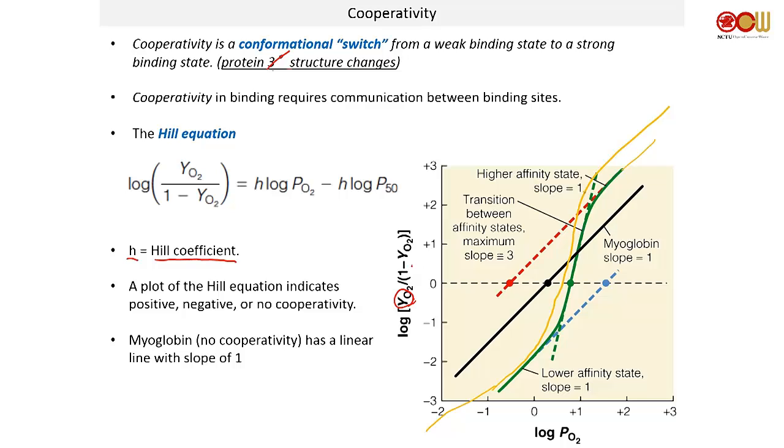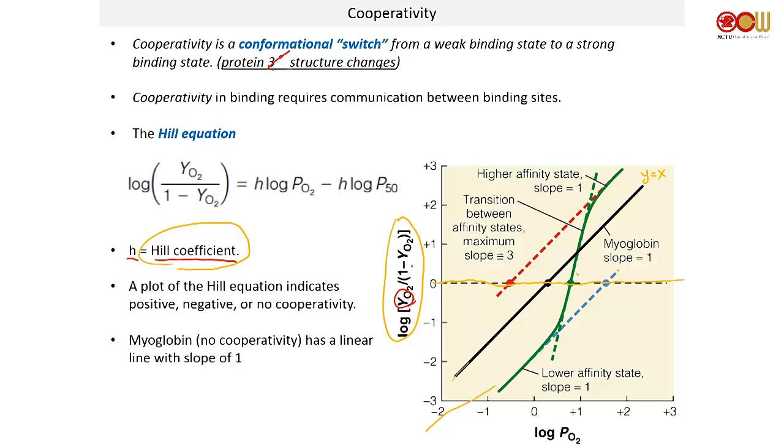Now, the Hill coefficient is the slope of your curve at that location, where this thing is equal to 0. For myoglobin, the entire line is y equals x, so the slope is 1.